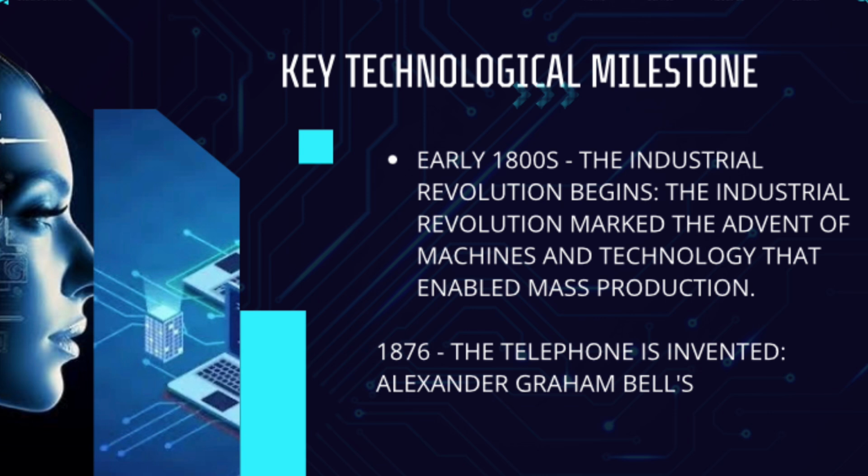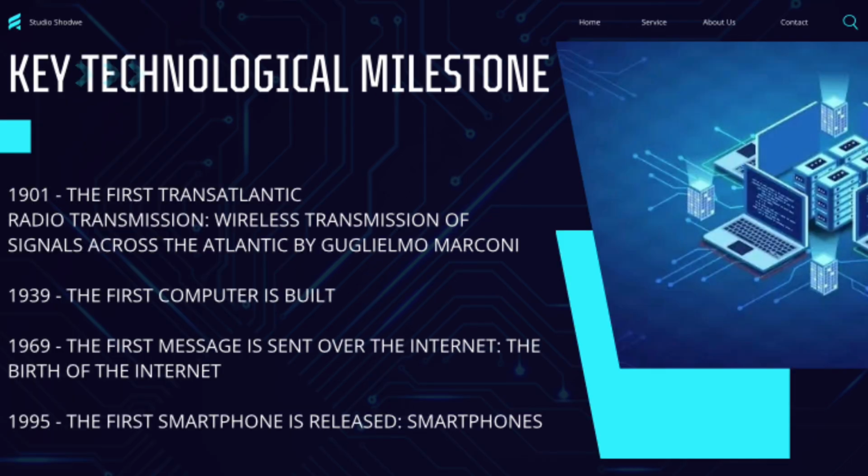In 1876, Alexander Graham Bell invented what we call telephones that we are using now to communicate with each other. And in 1901, it is the first transatlantic radio transmission. It is a wireless transmission of signal across the Atlantic by Guglielmo Marconi. And in 1939, the first computer is built.